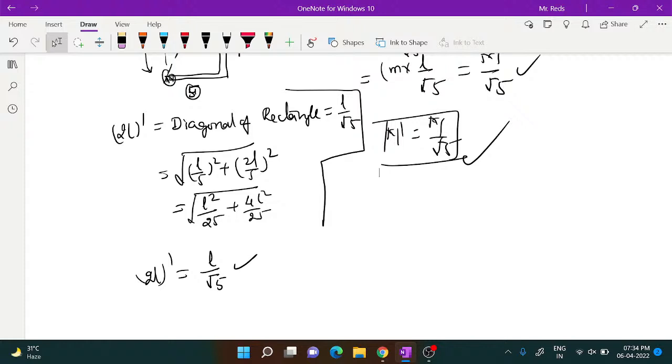So if that is the case, the resultant of M and 2M will be perpendicular to M. So the angle between these two is 90.